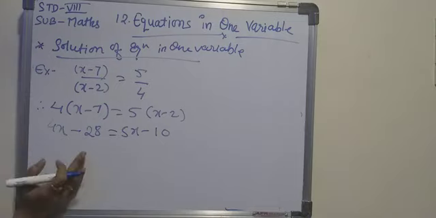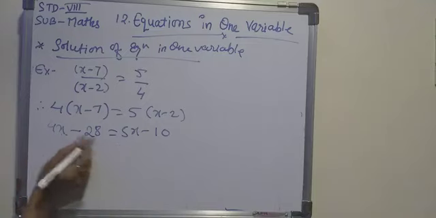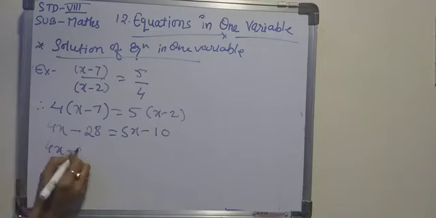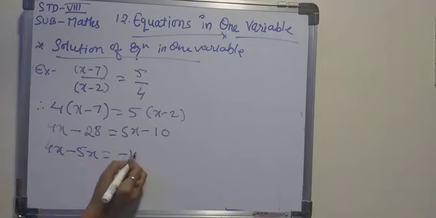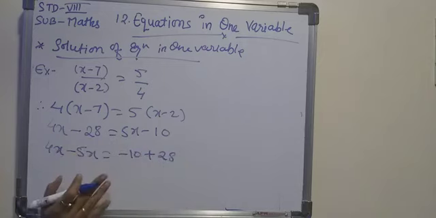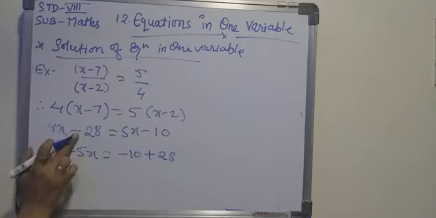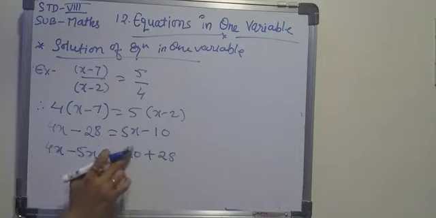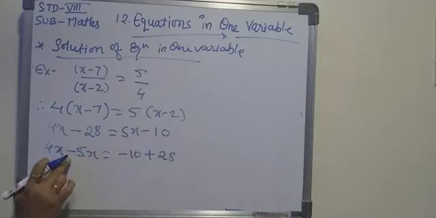You can directly shift the number also, right? If you shift this 5x over here, you will get 4x minus 5x, and minus 10, shift this over here, plus 28. Whenever you shift a number, it changes its sign. If it is minus, it turns into a plus. If it is plus, it turns into a minus.